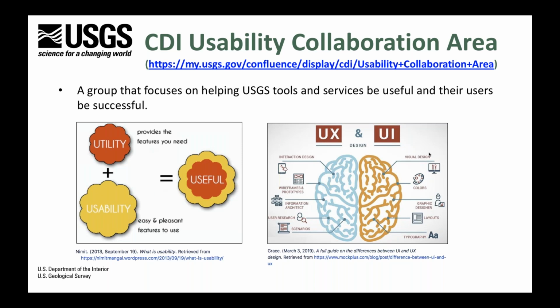But what do we mean by that? What do we mean by useful? So again, scoping the conversation, I am using a definition put together by Jakob Nielsen, another usability guru, in our discussions. So I think it's on your left-hand side, those three thought bubbles. When we are talking about useful, we really are talking about two essential components. We are saying that your tool or your service has to have the features or the functions that your users need to be successful in their goals or in their activities.